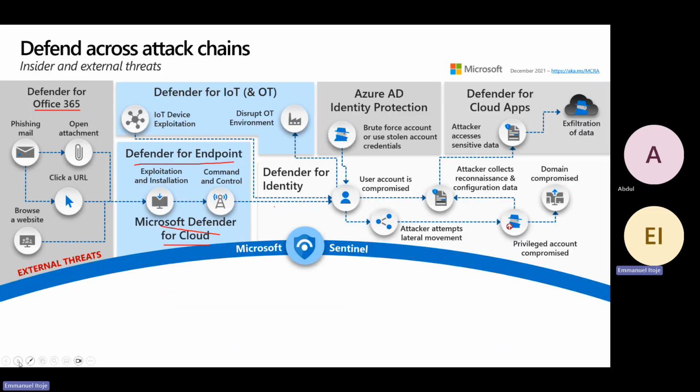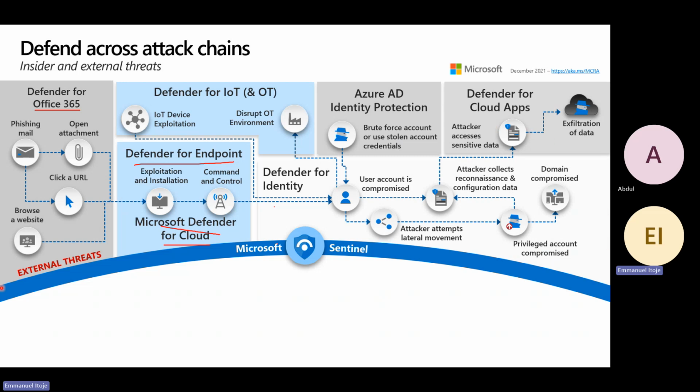Now, also, if you look at Defender for Cloud Apps here, it provides coverage for software as a service apps from both an attack detection and also a data exploration perspective.